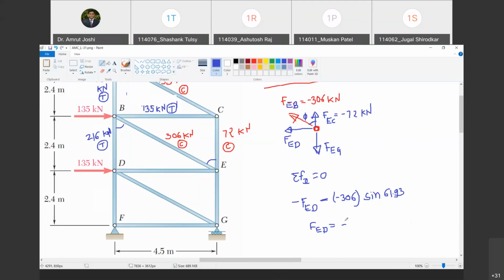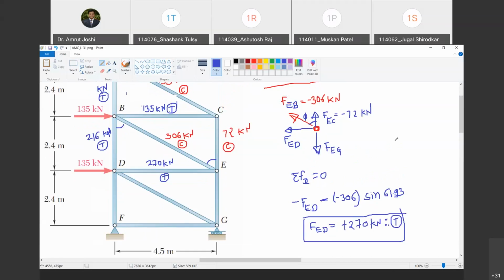It is plus 270 kilonewton. That means it is tensile in nature. So let us mention that force here. FED is 270 kilonewton tensile. Happy? Yes, sir. Okay. Now what are we going to do next?